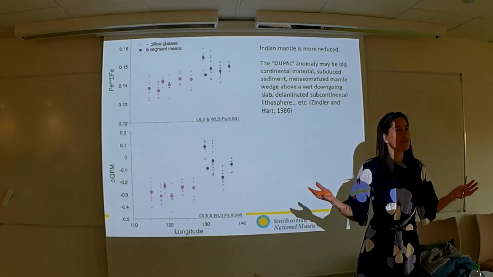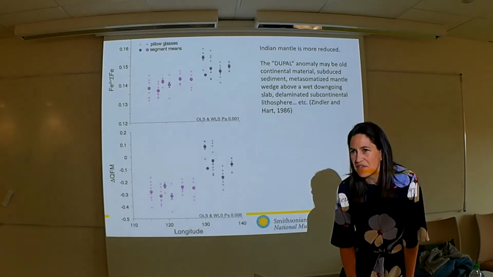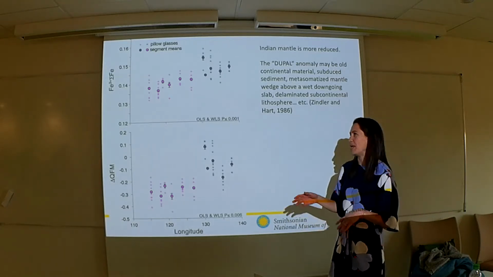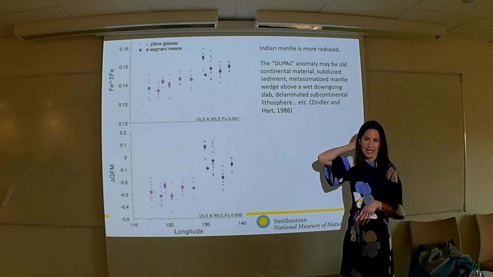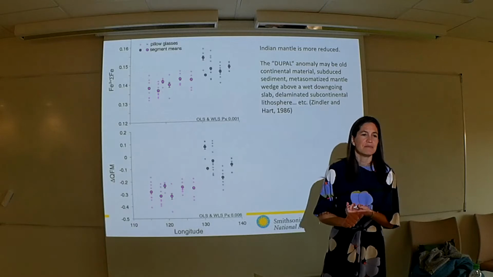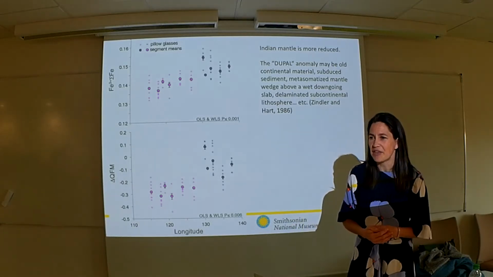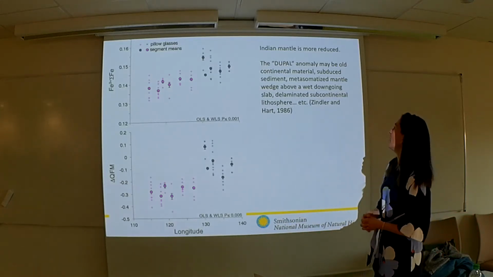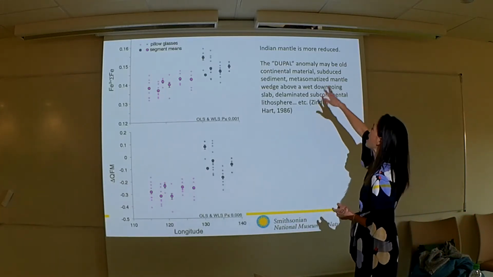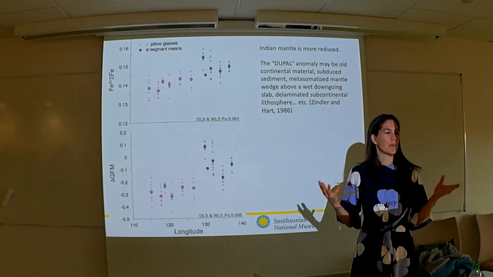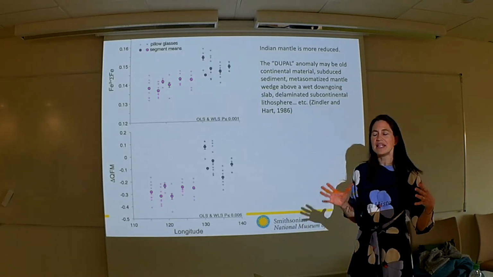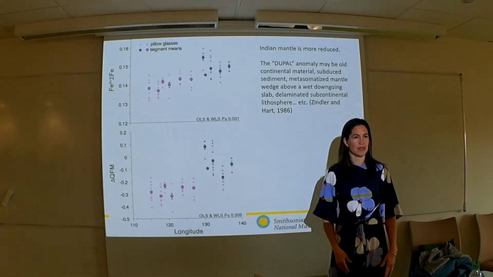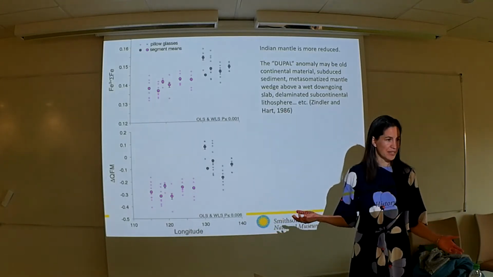What does it mean? We know that the Indian Ocean is famous for being geochemically different. There are many ideas for what could make it different, going back to Zindler and Hart in '86. Is it delaminated subcontinental lithospheric mantle? Is it subducted crust? Metasomatized mantle? There are many ideas for what this Dupal mantle in the Indian Ocean is, but the Indian Ocean seems to have been isolated from the broader global circulation for potentially billions of years.